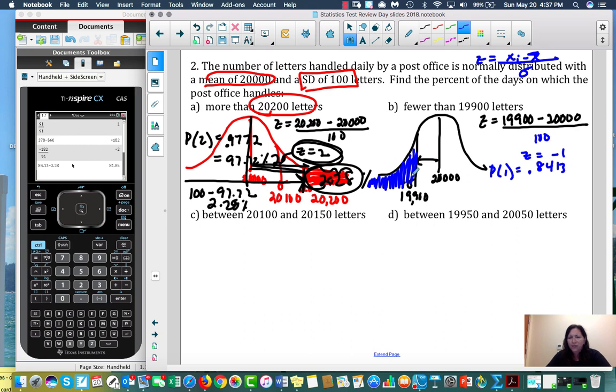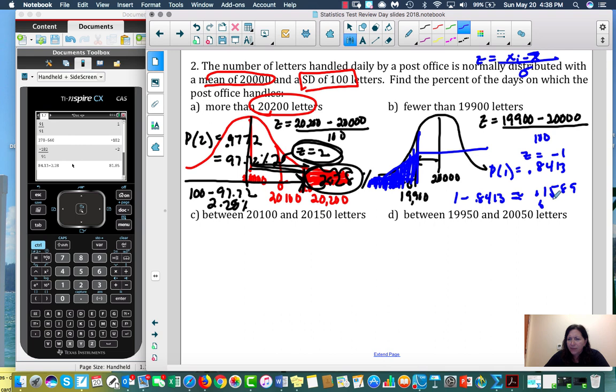Now, of course, this isn't 84% of the data. 84% of the data would be this way. So this is what's left over from 84% of the data. So we're going to go 1 minus 84% of the data, and so that's going to be about 0.158.